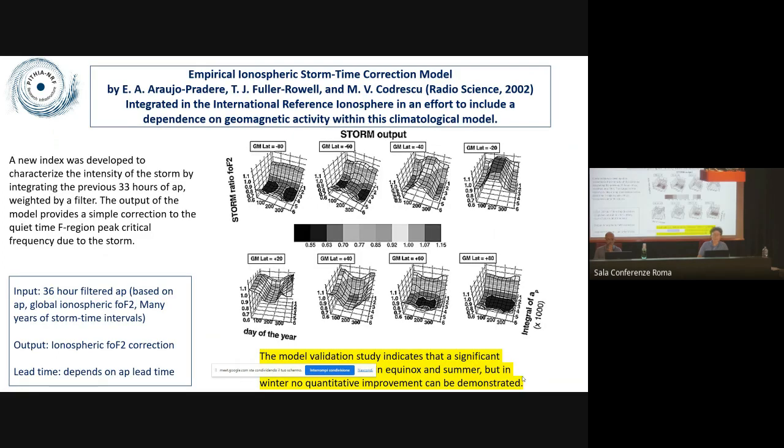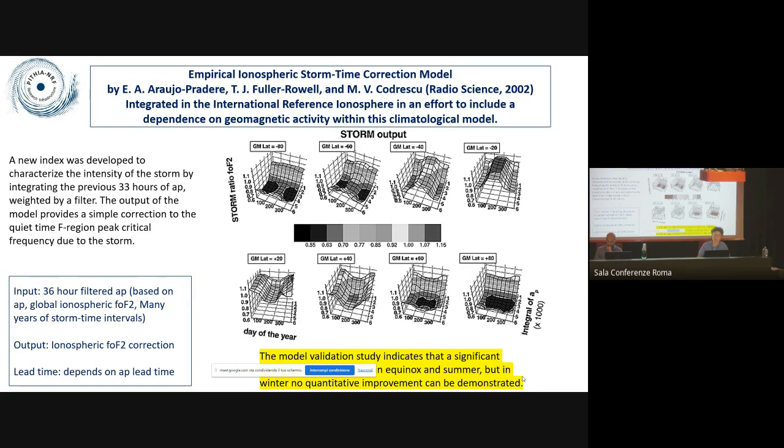The empirical stormtime correction model was proposed by Araujo-Pradere, Fuller-Rowell, and Codrescu in 2002, and the model is based on a new index that was developed to characterize the intensity of the storm by integrating the previous 33 hours of ap weighted by a filter.